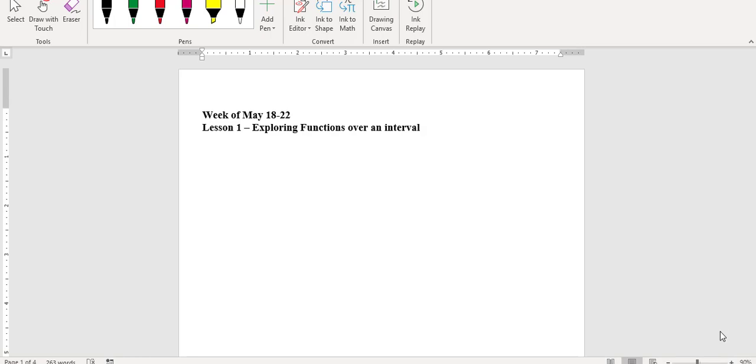We're going to start by going back to function notation and what it means to evaluate a function, and really look at what happens to functions on a graph.